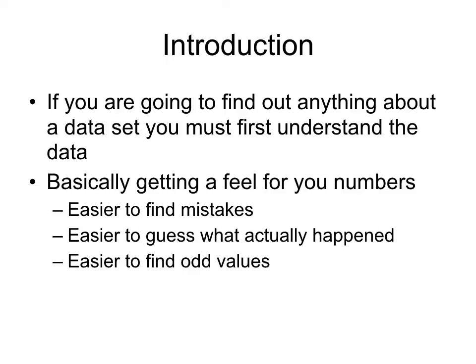So maybe, even if it isn't a mistake, we just want to remove their data anyway. And the only way you're going to find that out is if you look at the numbers themselves, instead of just crunching them into a mean and some standard deviations and going, here you go, graph. Even just looking at the raw data is important.